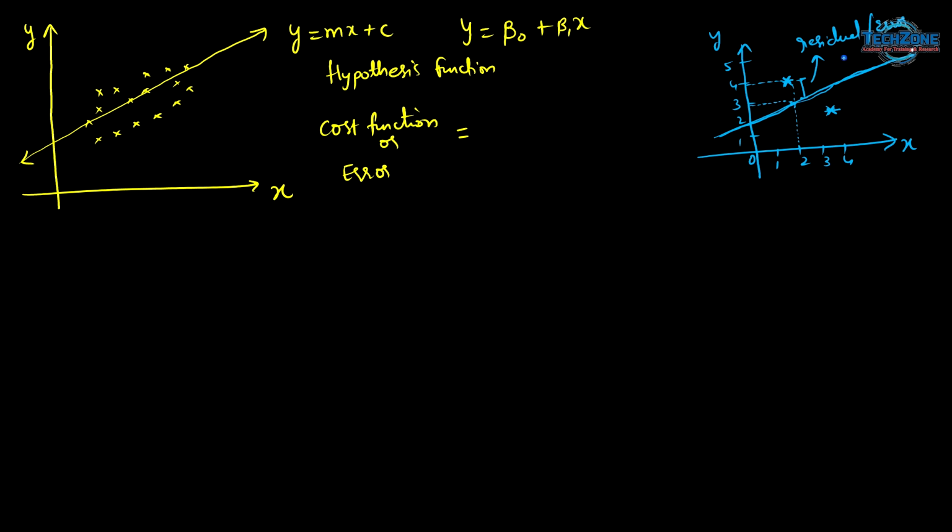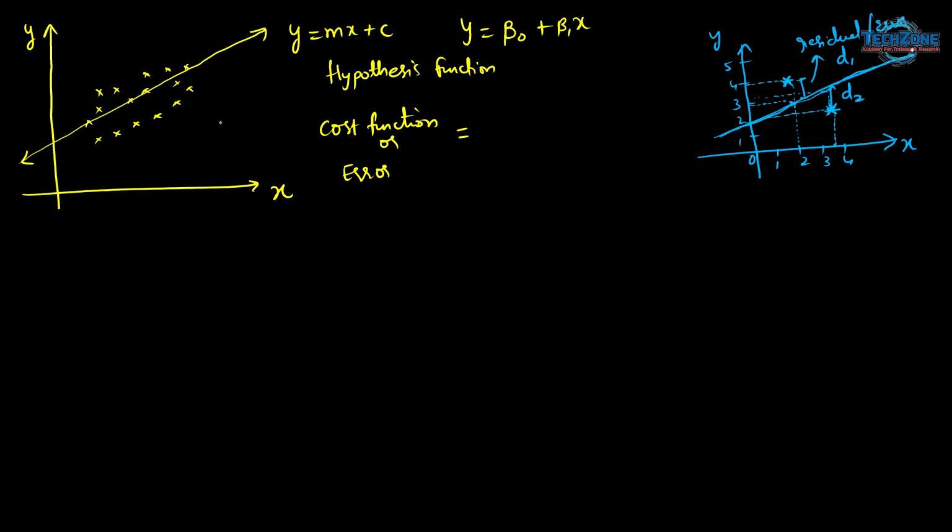Let us denote that by d1. And what about the second point? When x is around 3.5, what is the value of y? It is equal to 2. But our model is predicting that it should be 3.5 something, isn't it? So this much is the error. Let that be d2.